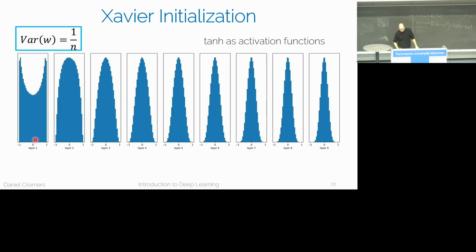You initialize like so, and then you see the distribution of activations across the 10 layers, from layer 1 in the beginning to layer 9 in the end. The activations don't shrink to 0 and they don't go to saturation, but they stay in the same distribution, very much like what we wanted. So that fixes this issue.